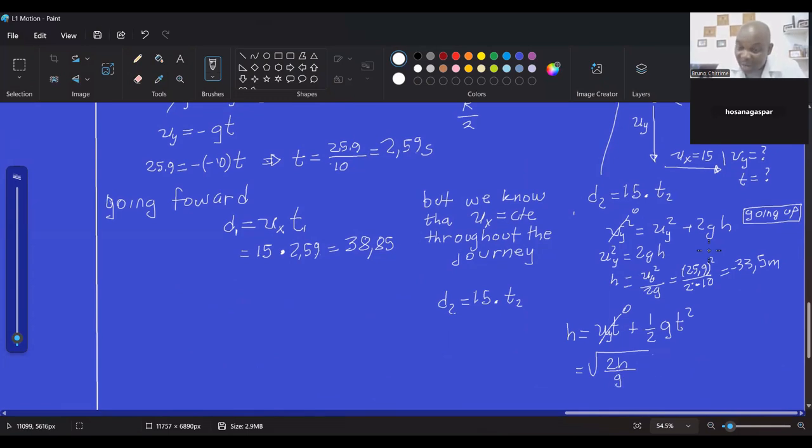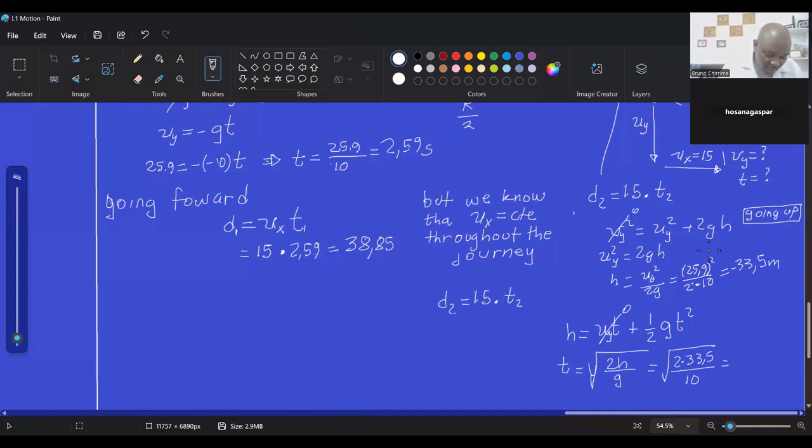Now, since it's coming down, g is positive. So we're looking for time now. It's the square root of all of this, including the g. So we're looking for the square root of 2 times 33.5, all over 10. Positive because we're coming down.